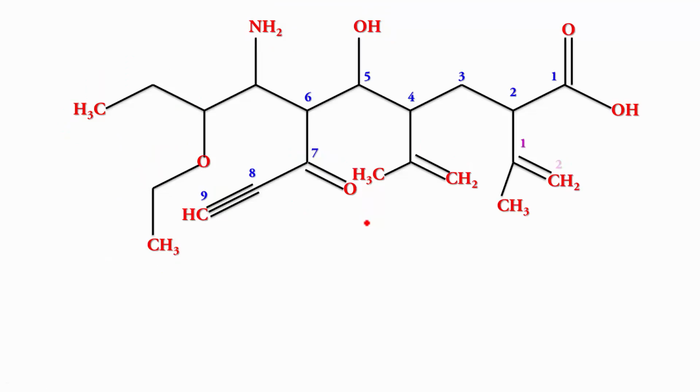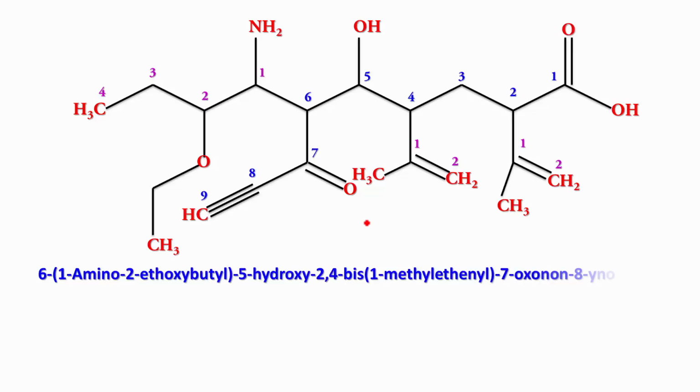Put all of them in alphabetical order. 6-(1-amino-2-ethoxybutyl), 5-hydroxy, 2,4-bis(1-methylethynyl), 7-oxo, non-8-ynoic acid. On position 6, you have this entire thing.